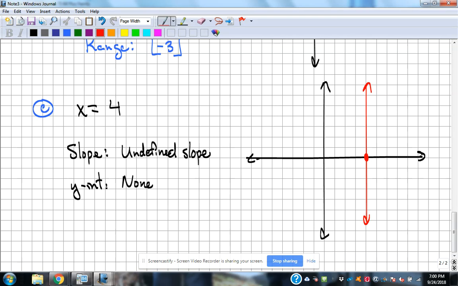For this one, what's the only x value that's being used? 4. What about the range? Negative infinity to positive infinity because it's going both directions, up and down.